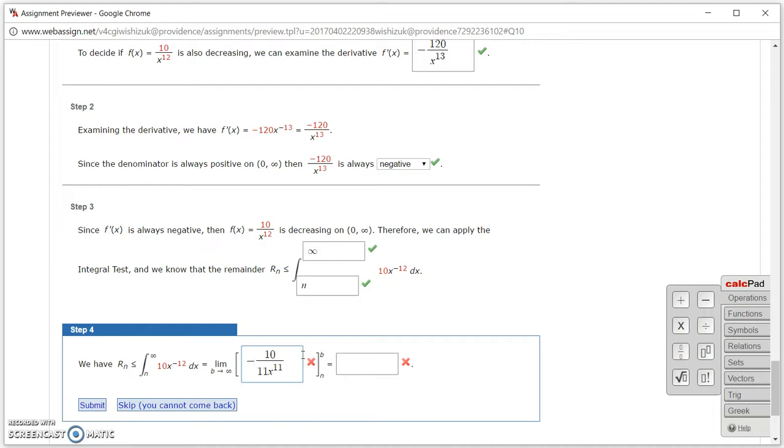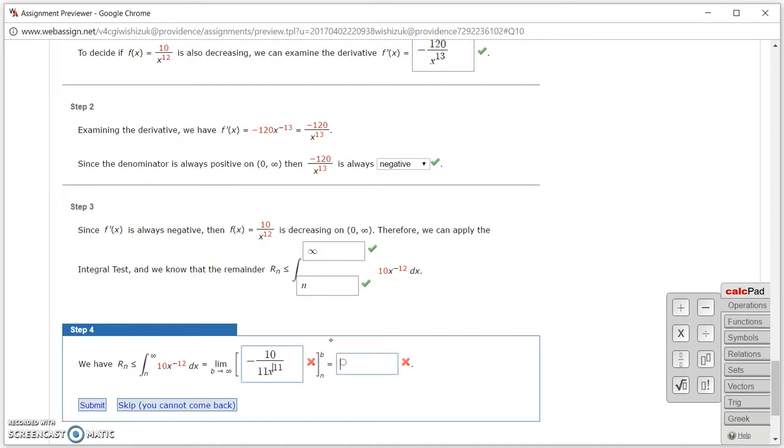If you put b in there, you get negative 10 over 11 b to the 11 power. Then you have a minus minus, so it's going to be plus 10 over 11 n raised to the nth power.